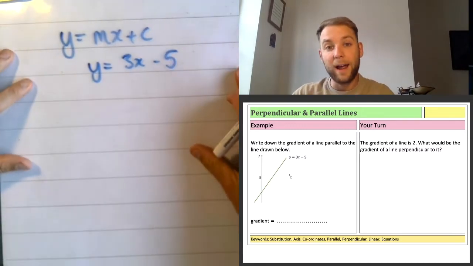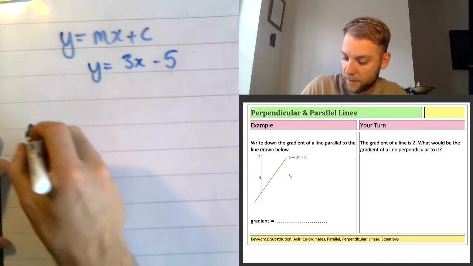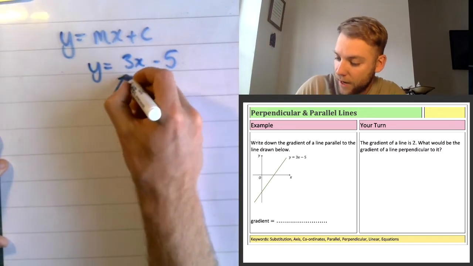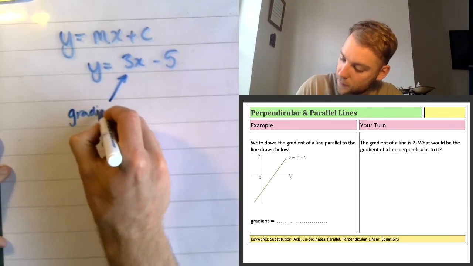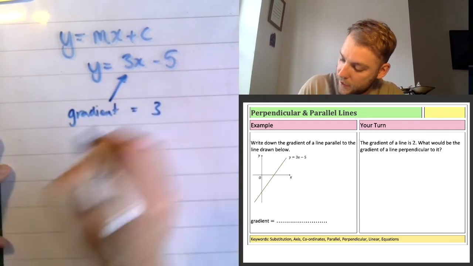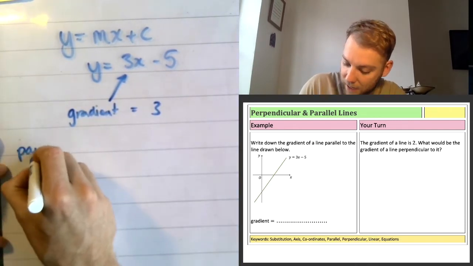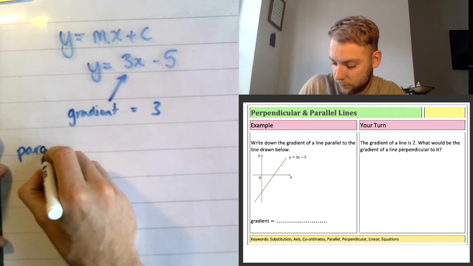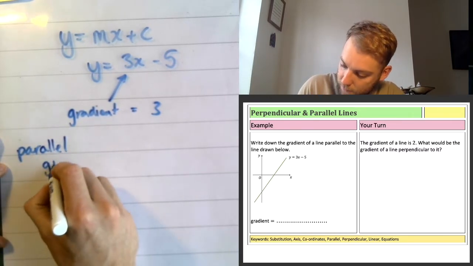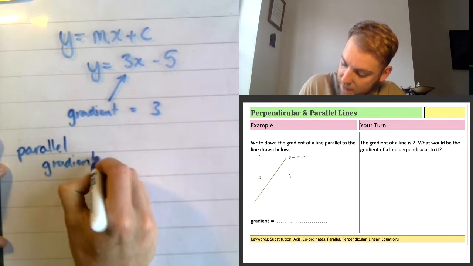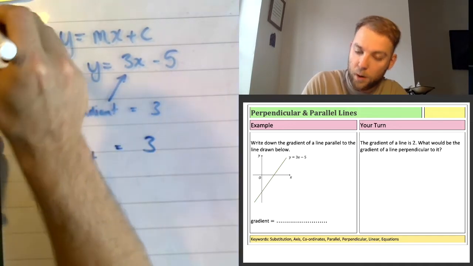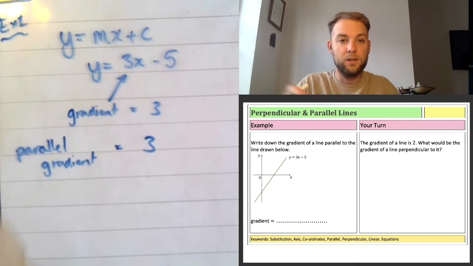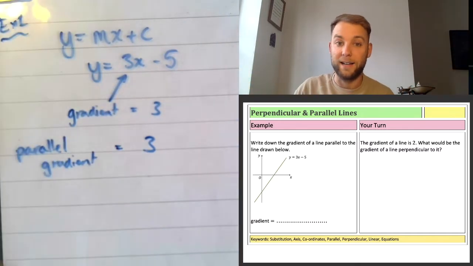So if I want a gradient to be the same as this, so a parallel, the gradient of this one is 3. So the gradient is equal to 3. So a parallel gradient would be the same as this, which is also equal to 3. So that one there is example 1. Absolutely super. So example 1, the gradient is equal to 3.